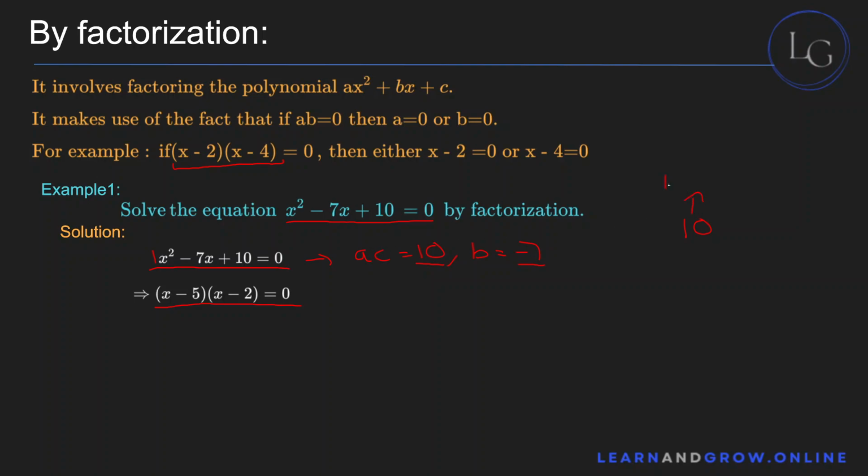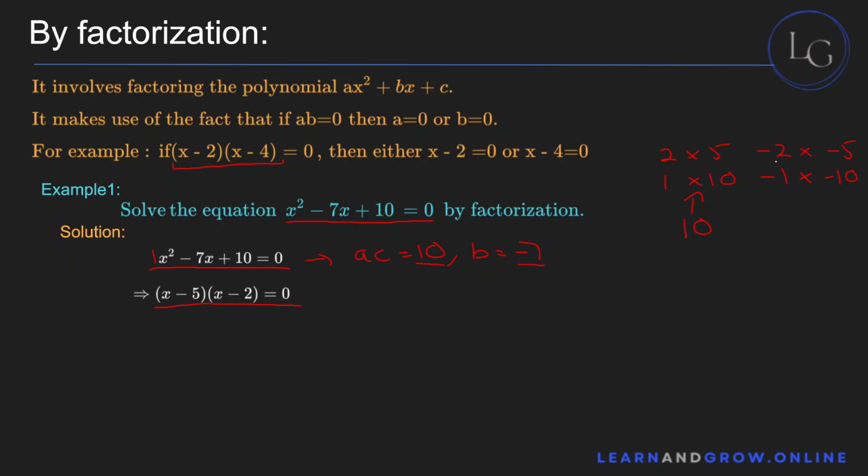You can multiply 1 and 10, or minus 1 and minus 10, or 2 and 5, or minus 2 and minus 5. These are the only combinations that will give you 10.